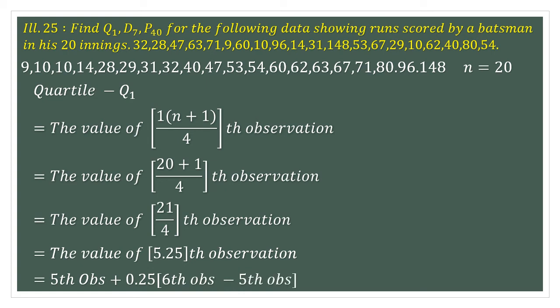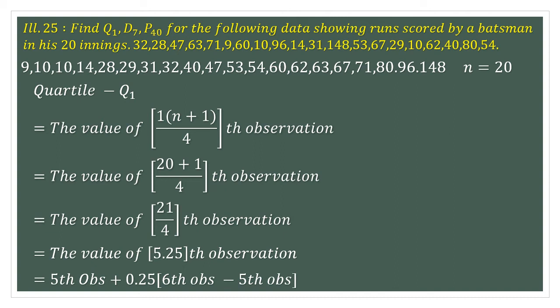For example, it is between the 5th and the 6th observation. So the 5th observation plus 0.25, where 0.25 is the value by which we are past the 5th observation, that means 5.25. So 5th observation plus 0.25 into the bracket of the observation after the 5th, that is the 6th observation, minus the 5th observation.